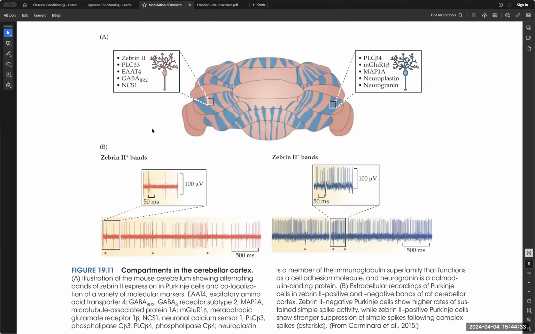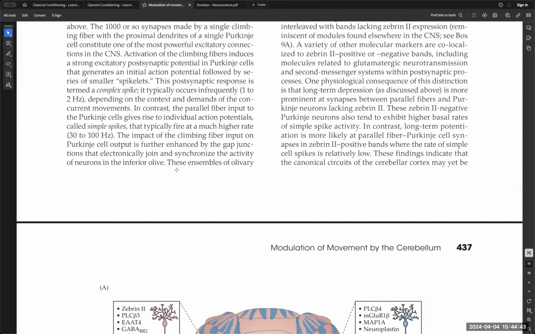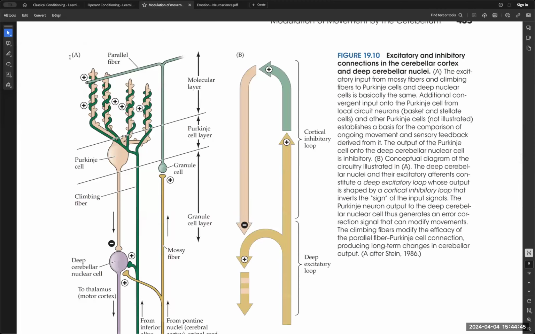The difference is very important because of how the spike train, or the action potential, is generated. Imagine with me, the granule cell synapses, and we said that one granule cell could synapse onto almost 200,000 Purkinje cells, and a Purkinje cell could synapse with up to 200,000 granule cells.